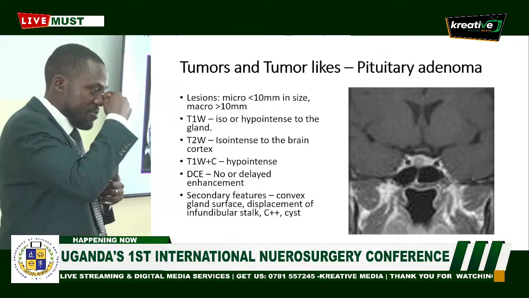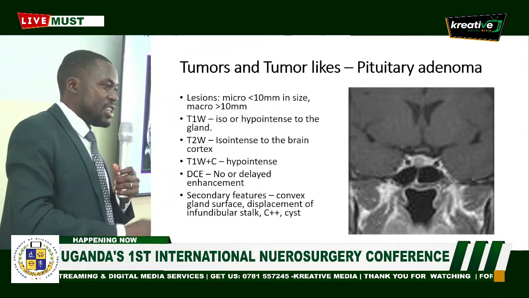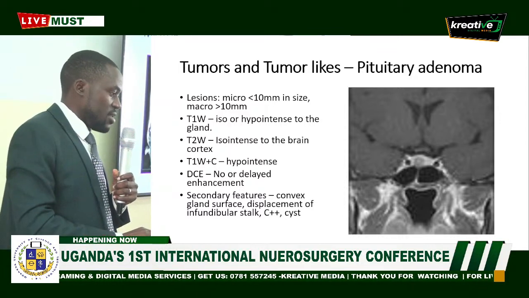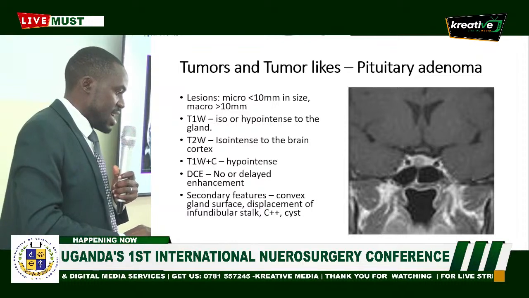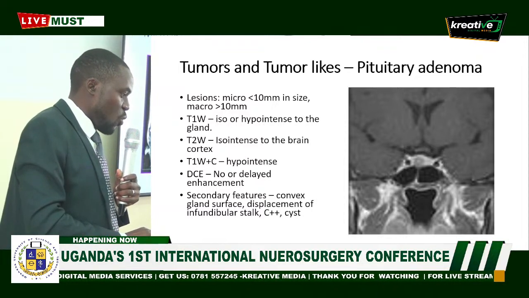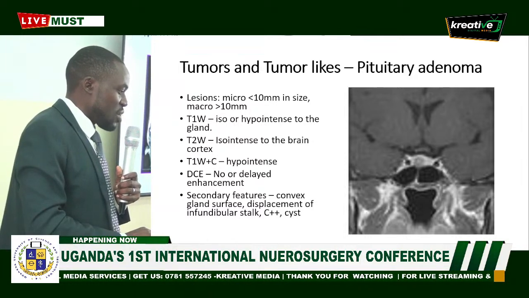I have included a few more images. As I said, sometimes all you have is a distortion of the anatomy. For example, when you look at this coronal T1 MRI image, you can see one side on the right is a little bit distorted and raised compared to the left.